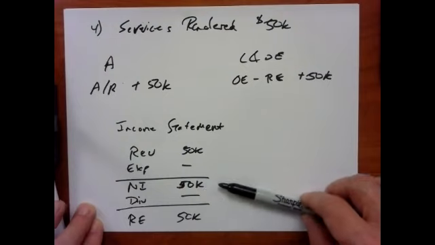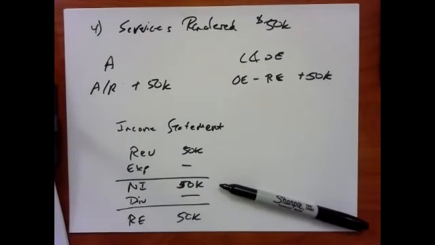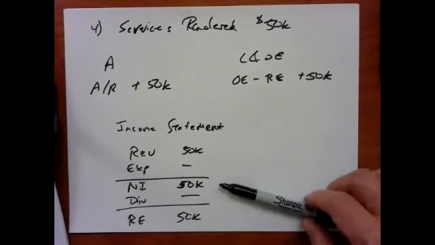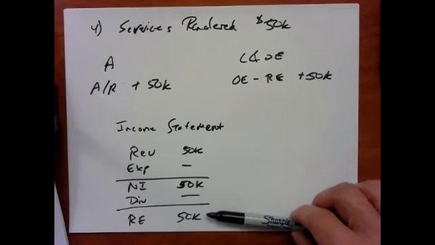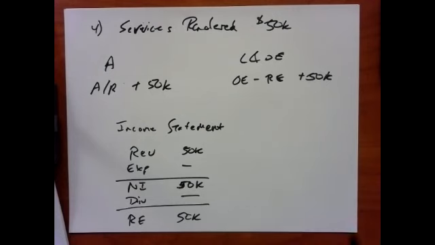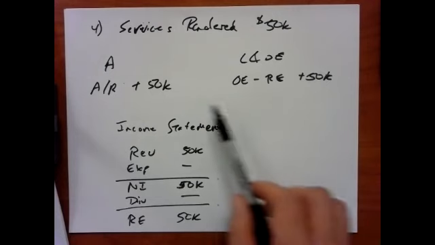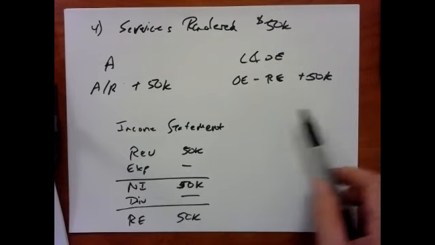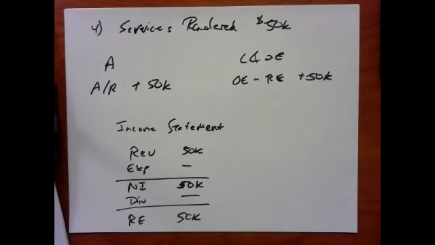So the net effect on net income from this additional 50,000 is an increase in net income of 50,000. Now thinking through the statement of changes in owner's equity, which is net income minus dividends gives us retained earnings, right? We know that we've got an increase in retained earnings of 50,000. That is what flows over to the balance sheet as the retained earnings.